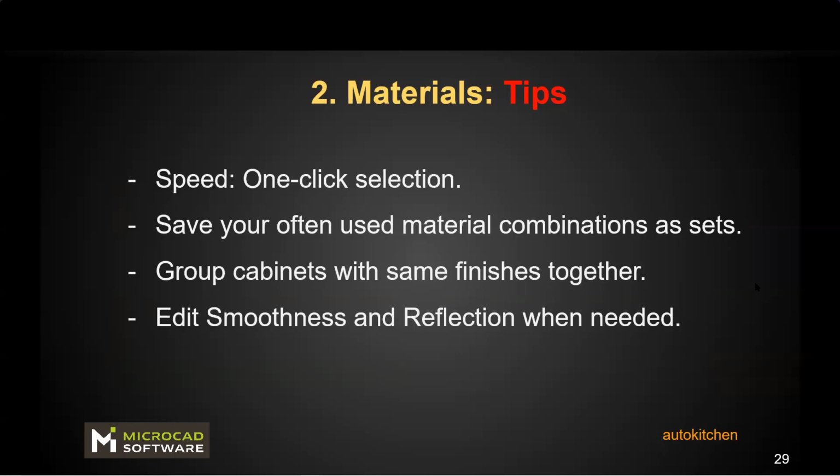Get used to grouping cabinets that have the same finish, and call them a name. It could be a descriptive name. It will be better than a name with some enigma to it, because then you will not remember what it is. And keep in mind that if, despite all of this, a particular finish or color doesn't look right, you have the ability to edit it by accessing the edit materials.